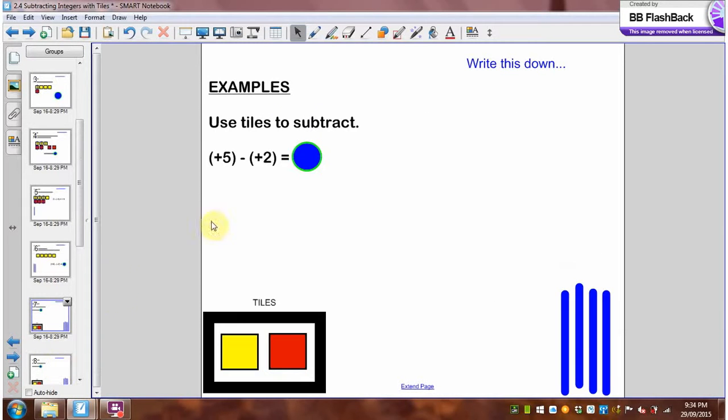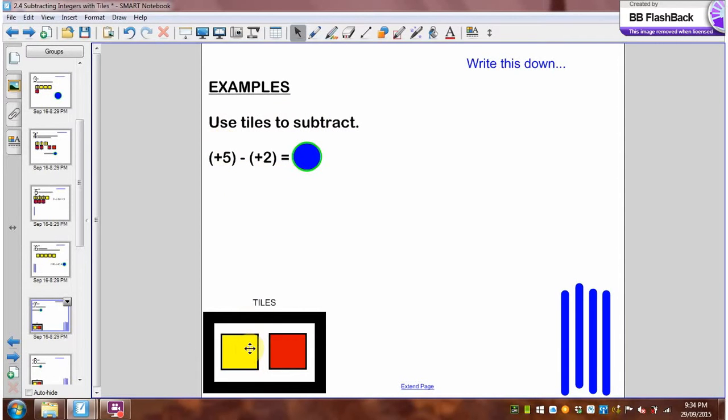Okay, so moving on. I want you to write this down. This is going to be another example we're going to do together. And we're going to use tiles to subtract. So write it down. Write this part here down. Press pause until you have that written down.